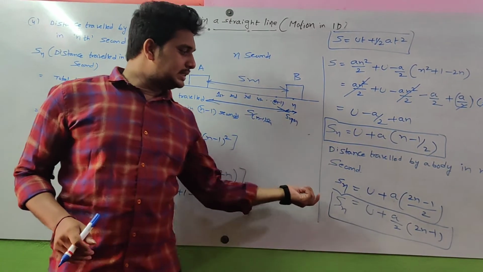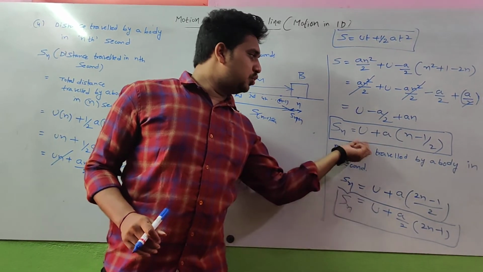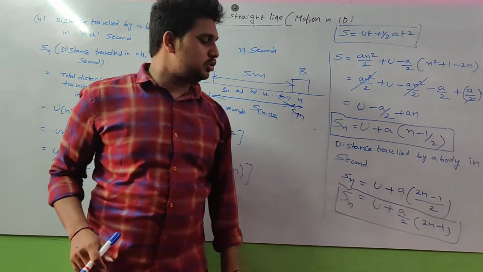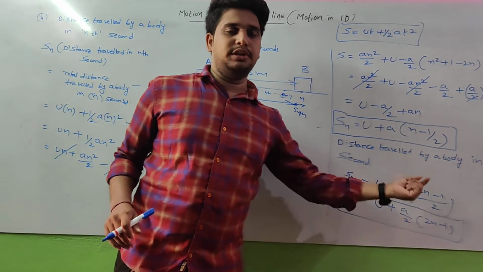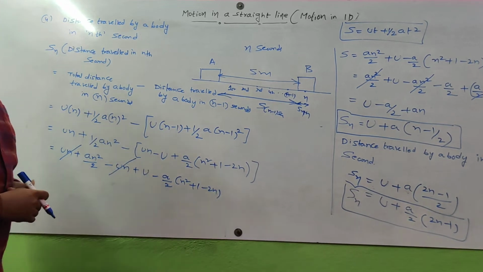Distance traveled by a body in the nth second is u plus a into n minus 1 by 2, or u plus a by 2 into 2n minus 1. So this is the derivation for this question.